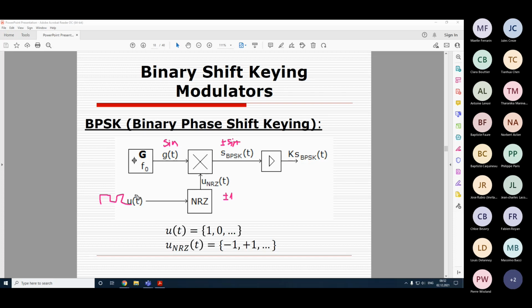If we have 0, it will be plus. Yes, and that's basically exactly what we wanted to do. We wanted to change the sign of this harmonic wave. Yes, all that's left is just to amplify the signal and send it to the antenna and further, yes, to the receiver.